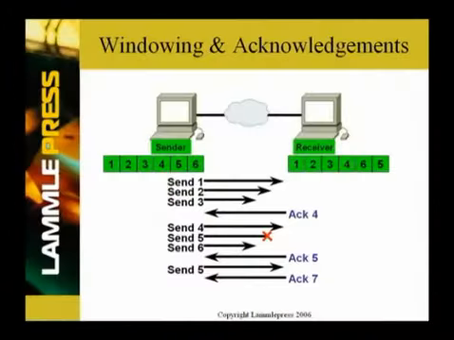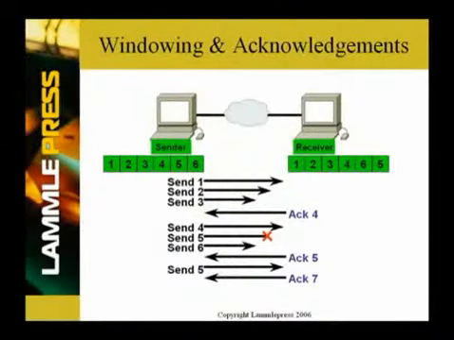A Windows device would do something like that at a time. So the transmit device would send that, then wait and expect an acknowledgement after that. So windowing means that we're going to have a window size and an acknowledgement, and we're going to set up our acknowledgement numbers, what numbers we're going to start with, and what am I going to expect next from the transmitting device.